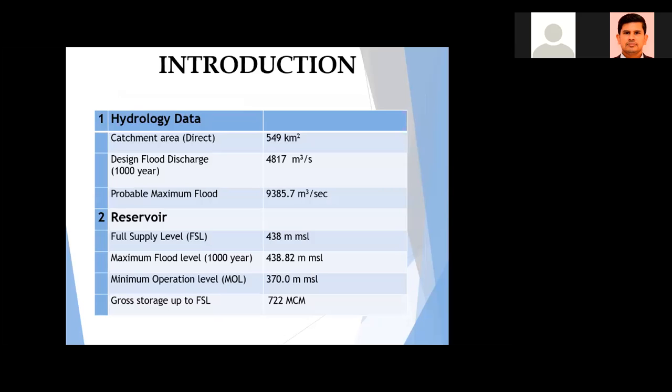And also the probable maximum flood: we need to check the dam overtopping condition for the probable maximum flood. Reservoir full supply level is 438 meters mean sea level, then the maximum flood level at the 1,000-year flood, and the minimum operation level, which means the power generation level, and gross storage up to full supply level is 722 million cubic meters.